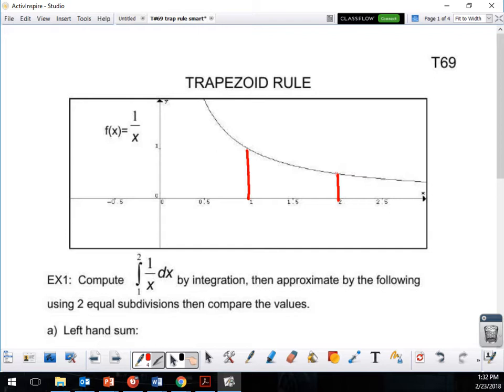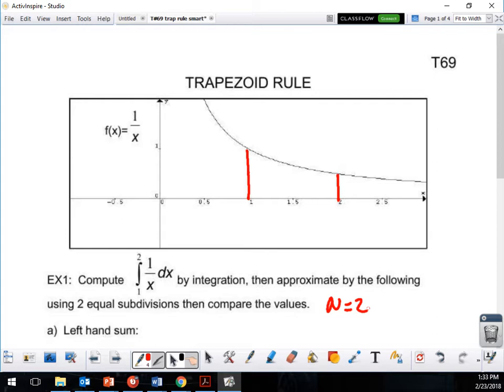So what's my n? N equals 2. That's important. It's always going to be b minus a divided by n. So it's going to be 2 minus 1 divided by 2, which is 1/2.